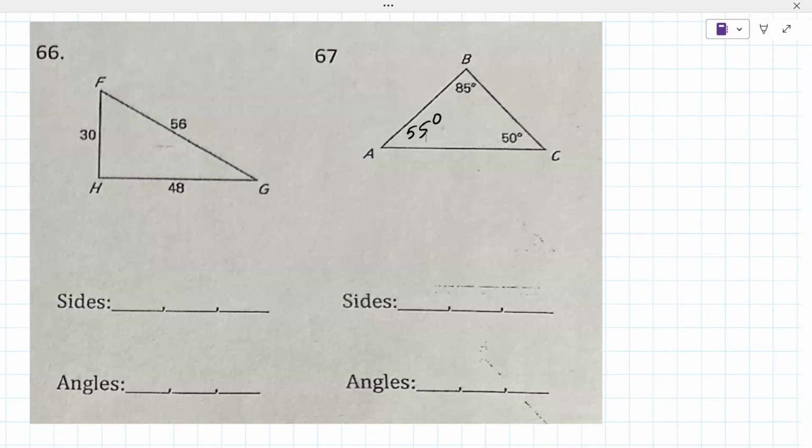So the biggest would be BC. The smallest would be AC. I mean, BA is the second. Angles. B is the biggest. Okay. I think I did that right.